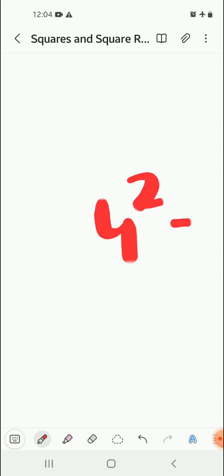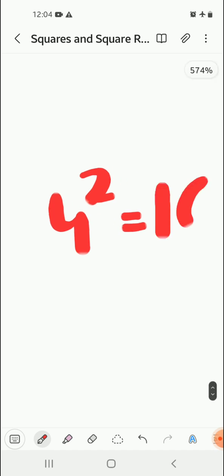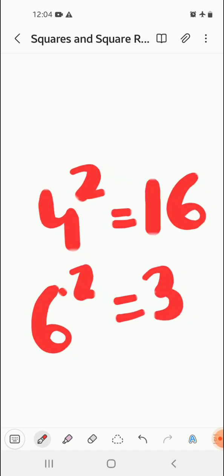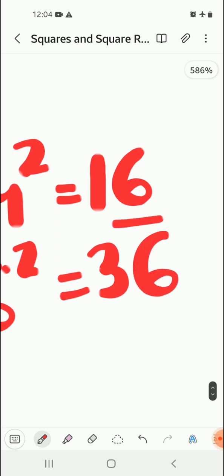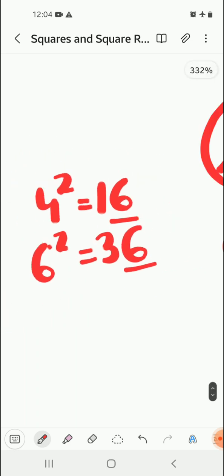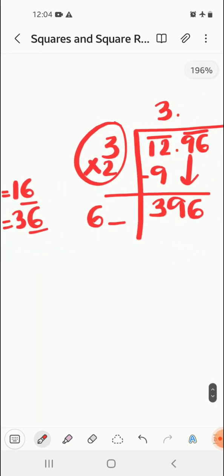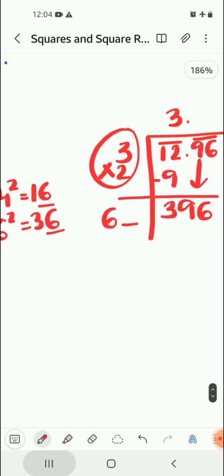If we think of any number, that will be 4 square, because 4 square is 16, and another number is 6 square, that is 36. Both of these numbers have 6 in their units place. So it will be either 64 into 4 or 66 into 6. Let's multiply and check which one is apt.